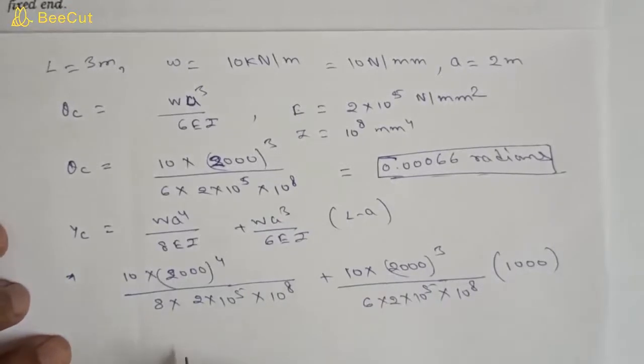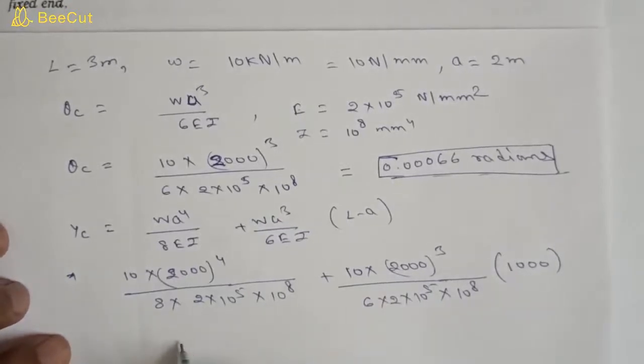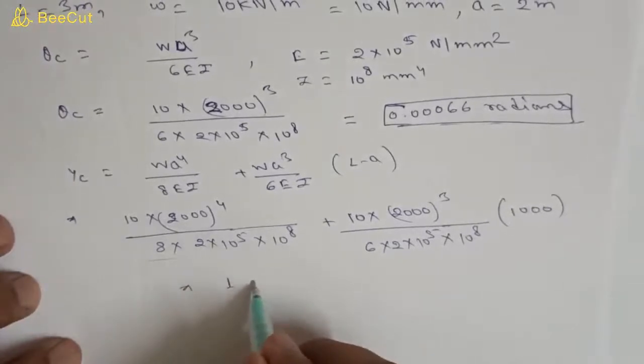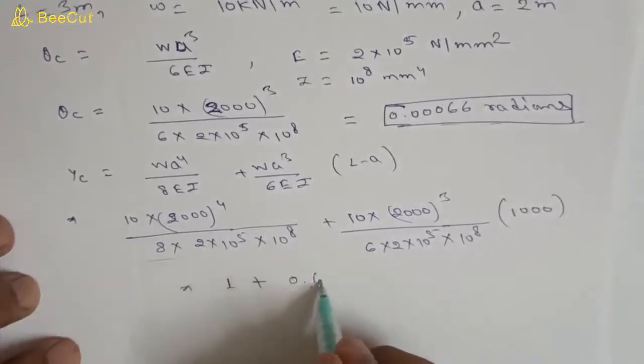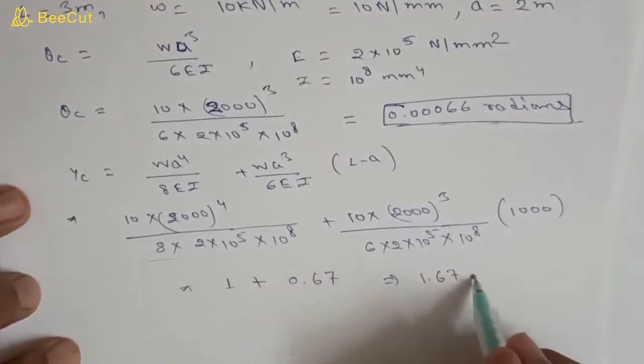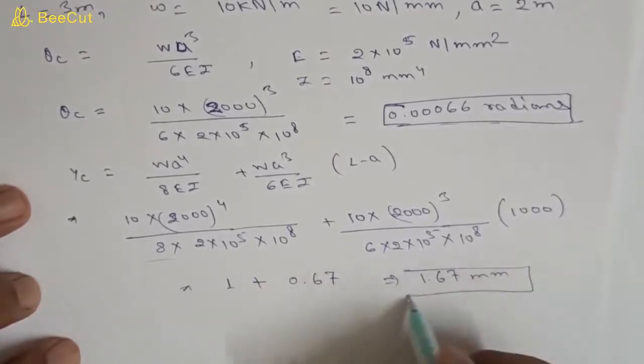If you calculate this, you will get 1 plus 0.67. So total deflection will be 1.67 mm. So this is our answer.